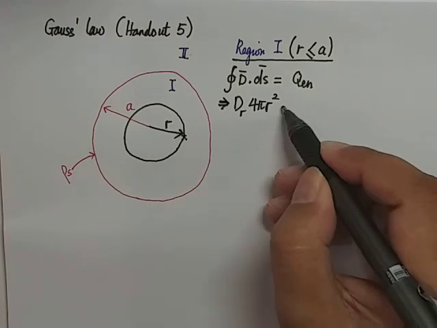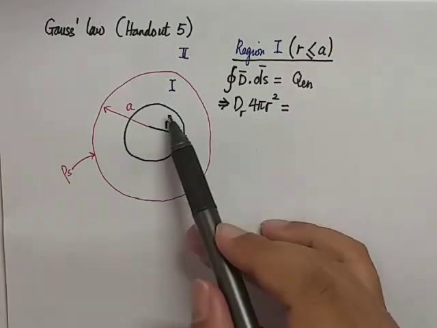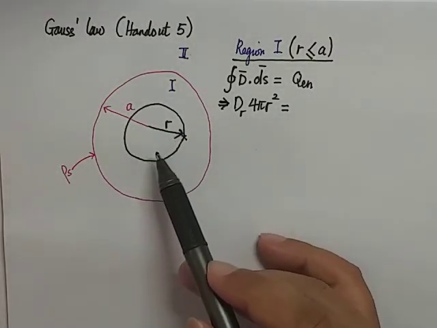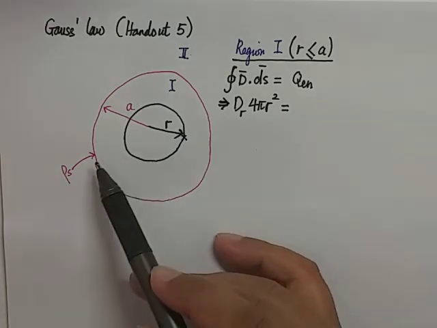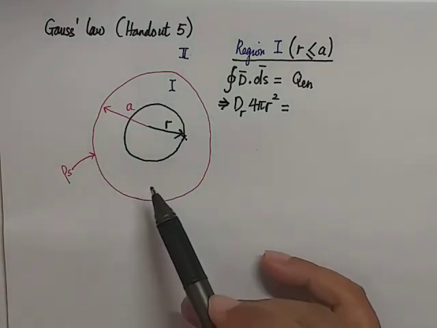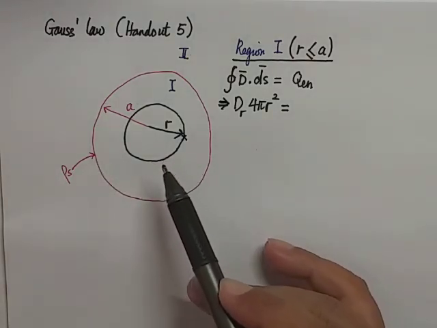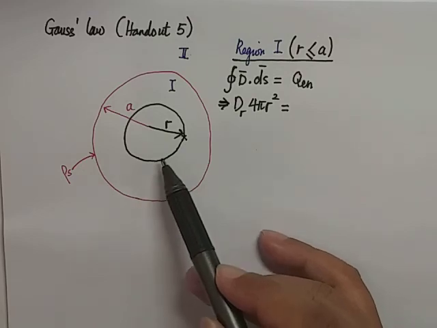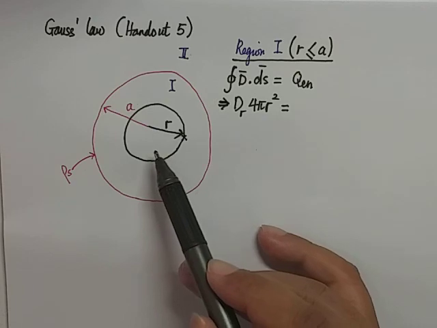And let's see, what should be the charge enclosed by the Gaussian? Is there any charge located inside this Gaussian? From the diagram, what we can see, the charge is actually residing on this particular surface, which is now, from the diagram, located outside our Gaussian shell. Therefore, we can't see any charge inside this Gaussian.